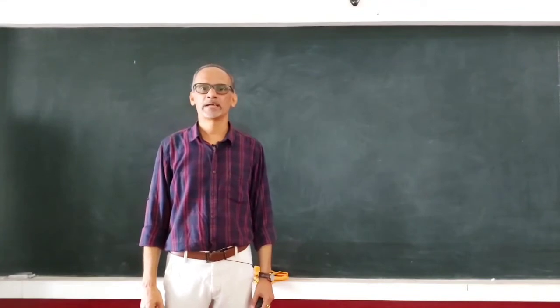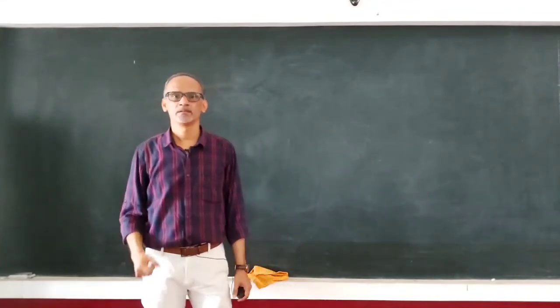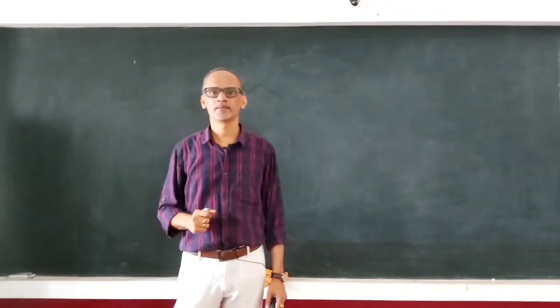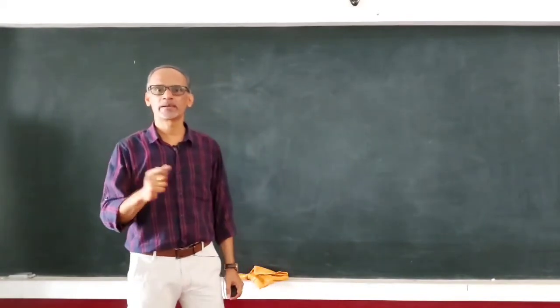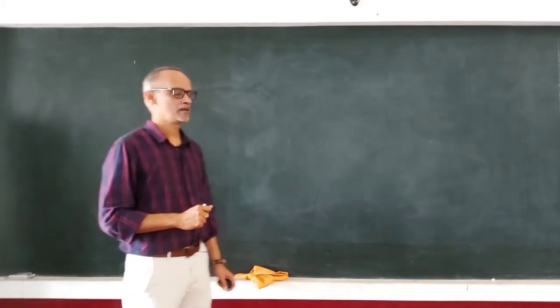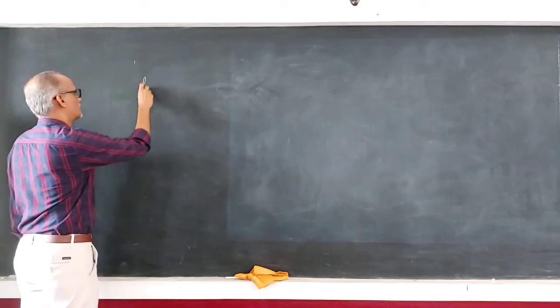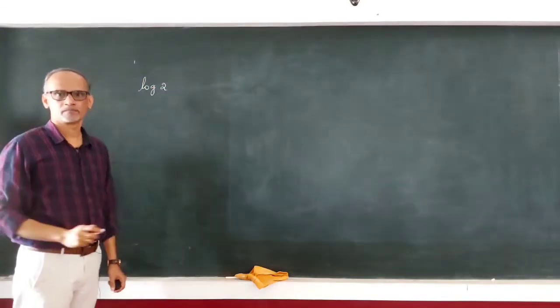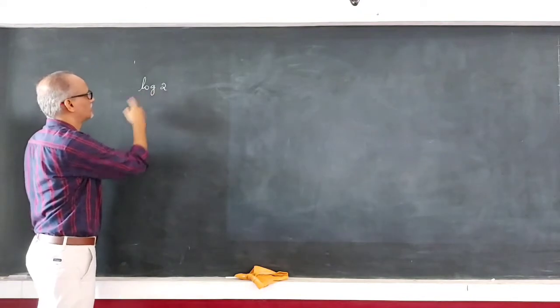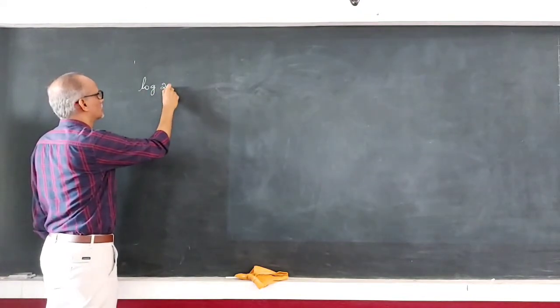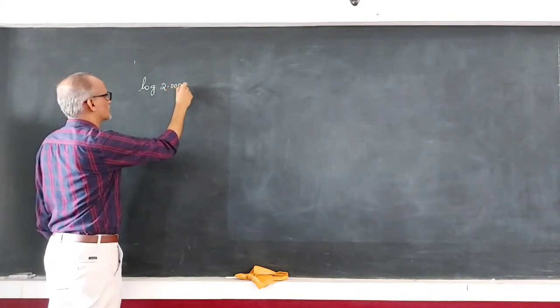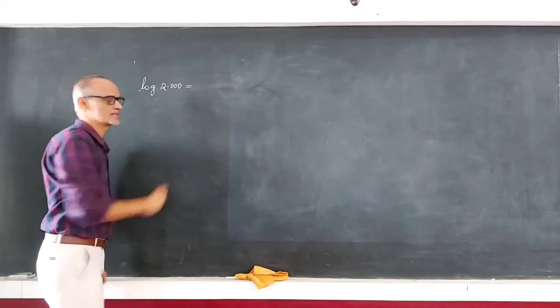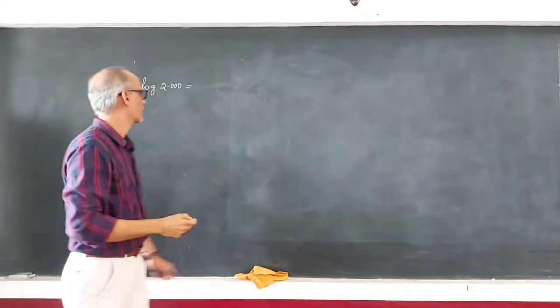In my last session, I had explained how to find the logarithm of a number. Just very quickly, let's recall. The logarithm of a number, for example, log of 2 or 2.000, we can find using the logarithmic table.